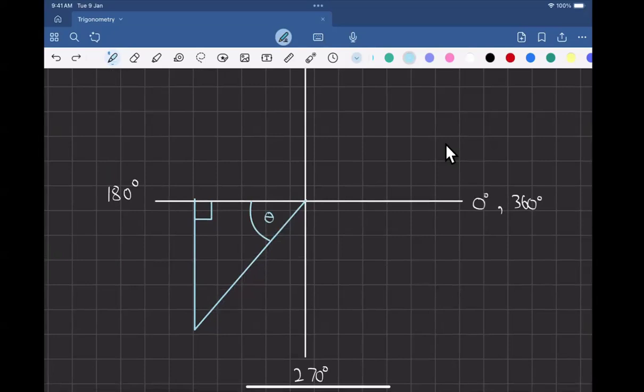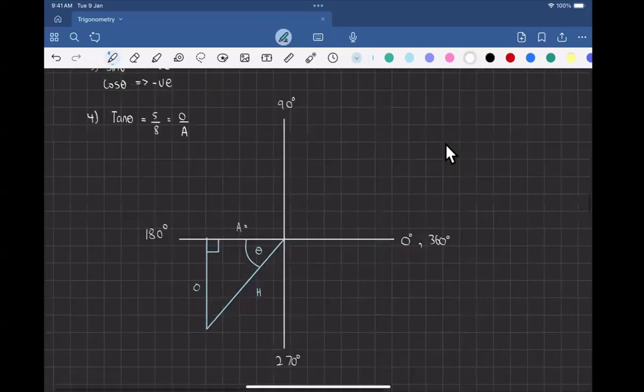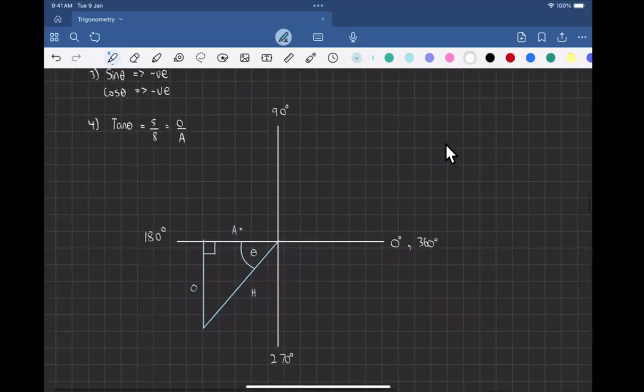And what would I call this? That side is the adjacent. We know the length of the adjacent is 8 and the opposite is 5.